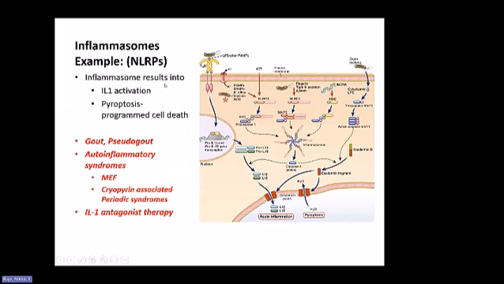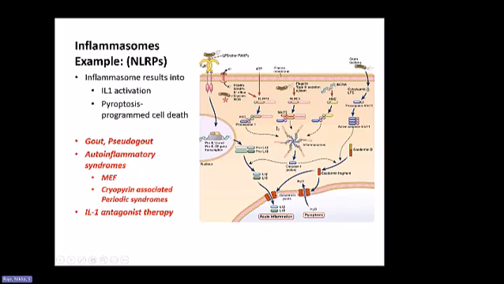So here is that signaling. Say there are these NOD-like receptors called NLRP, NLRC4, NLRP3. When they come together, the NOD domain brings various NLRs together to form an oligomer called inflammasome.